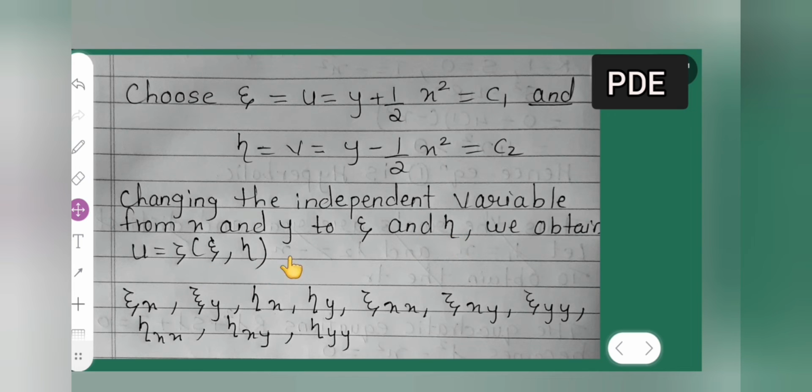Now these are the new coordinates. So we need xi x, xi y, eta x, eta y, xi xx, xi xy, xi yy, eta xx, eta xy, eta yy. We need to find all these.